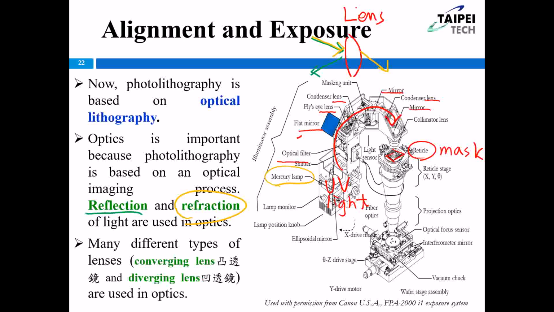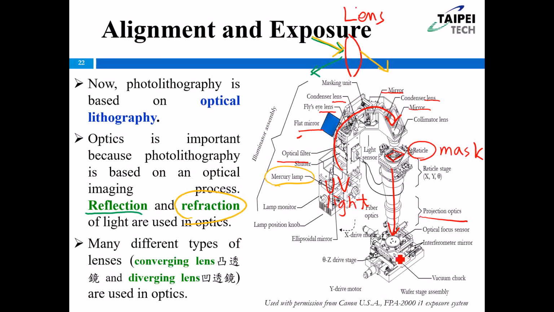And then this UV light will also pass through the projection optics. This is the projection lens, many more optic lenses, okay? And finally, this UV light will be on the silicon wafer.